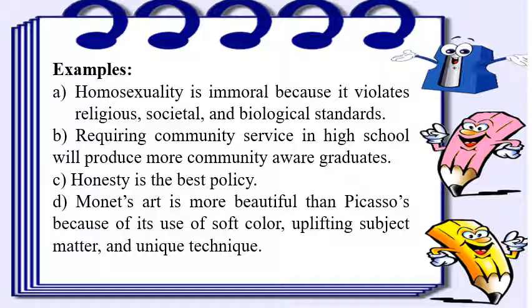The second example is requiring community service in high school will produce more community-aware graduates. Well, I think so, because now students are not aware of community service because of our pandemic. They graduated learning online, and I don't know how they could impact others when they're in their own field.